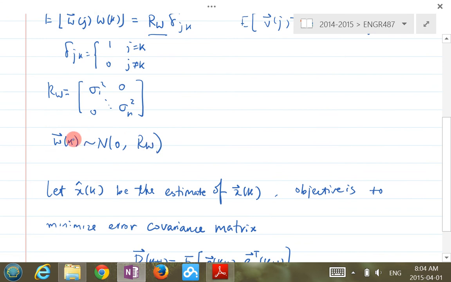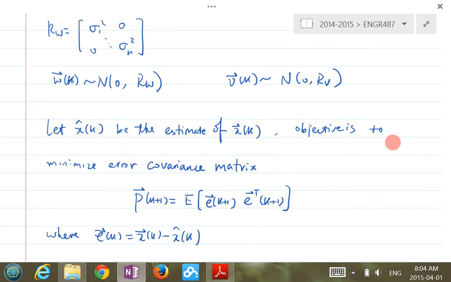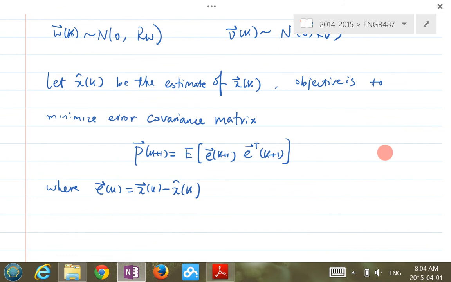For example, if we write W of k like this, it's saying it's a Gaussian noise with mean of 0 and variance matrix RW. V of k is the same thing. So you will give RV and RW when you start to implement your Kalman filter.